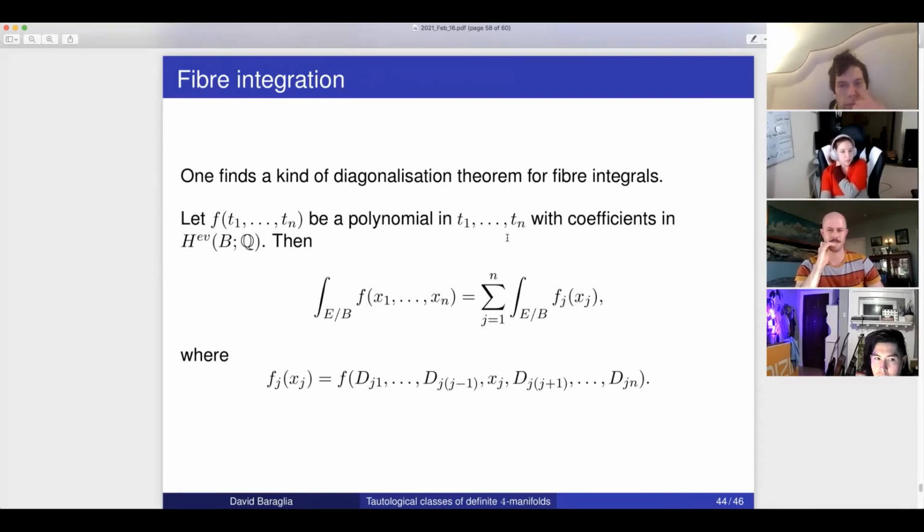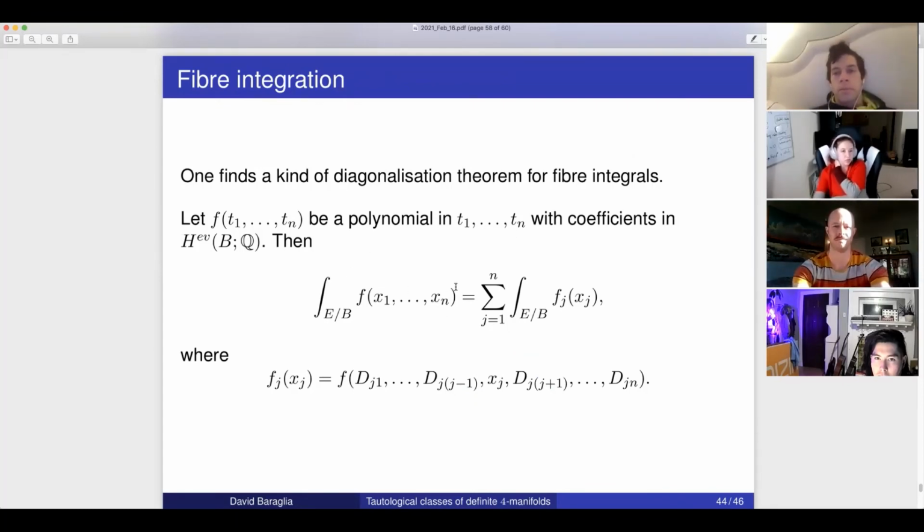So basically, as a consequence of the structure of the cohomology ring, you get a formula like this: if I take some polynomial f in the x's and take its fiber integral, it turns out to look like a sum from 1 to n of fiber integrals of fj, where fj is given by a specialization of f.